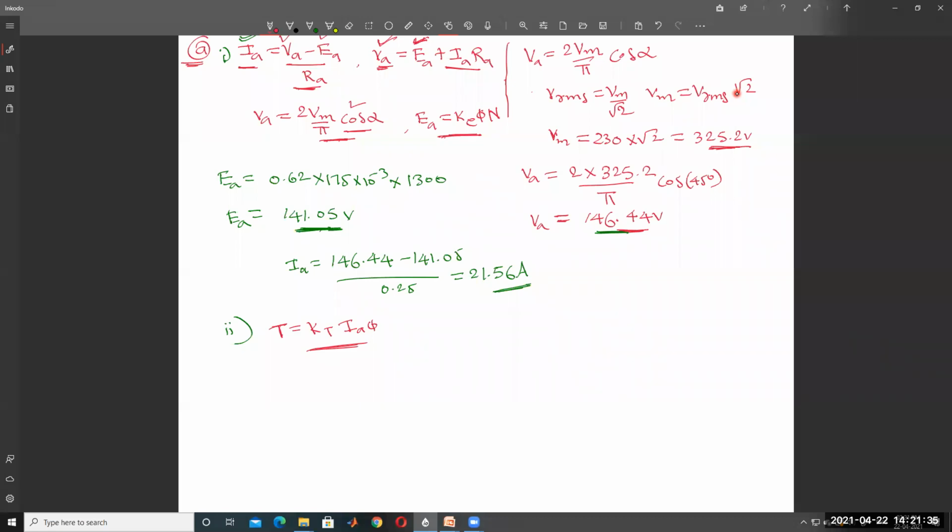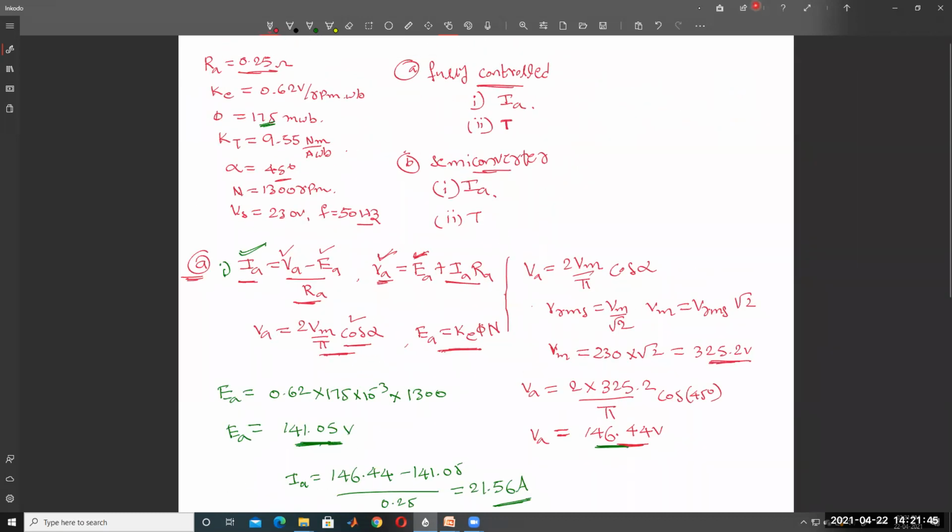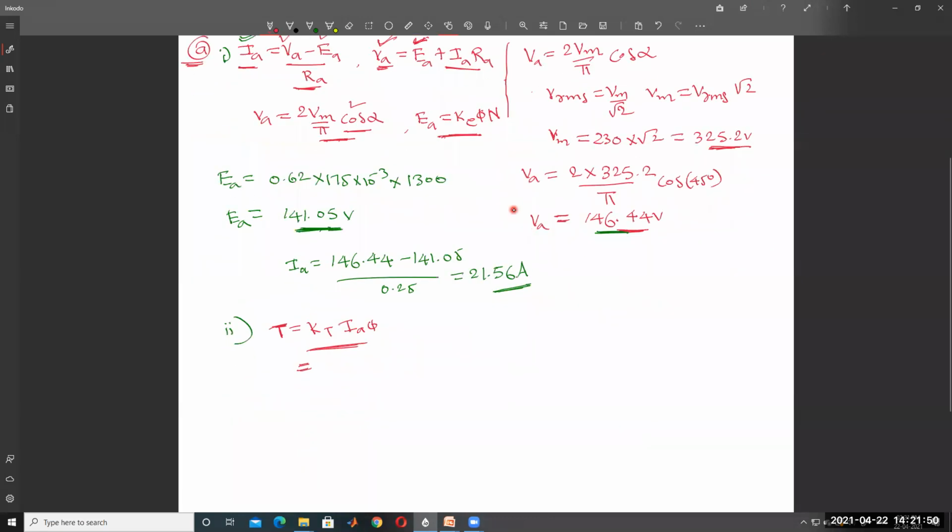Then this is the steady state torque developed by the motor. This is equal to KT, how much here? 9.55. Substitute here 9.55, and IA, armature current 21.56, into phi, how much phi? 175 milliwebers, 175 into 10 to the power of minus 3.